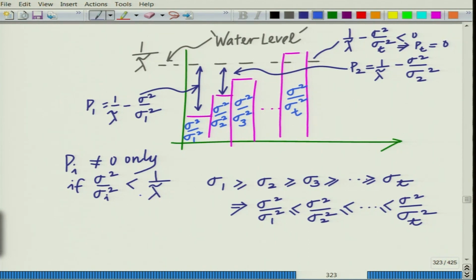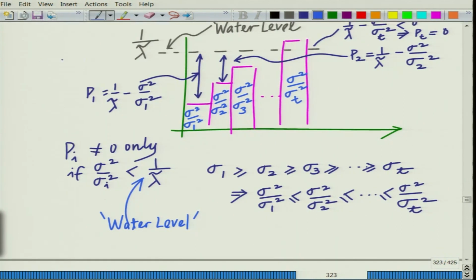What is this 1 over lambda tilde? This is basically your water level, and this algorithm is known as the water filling algorithm.